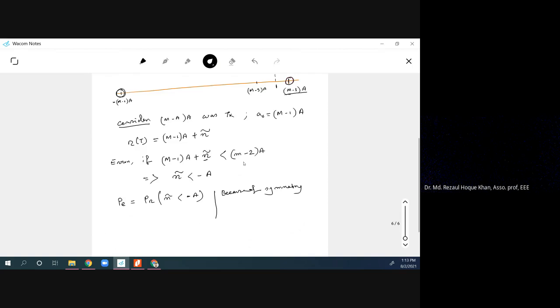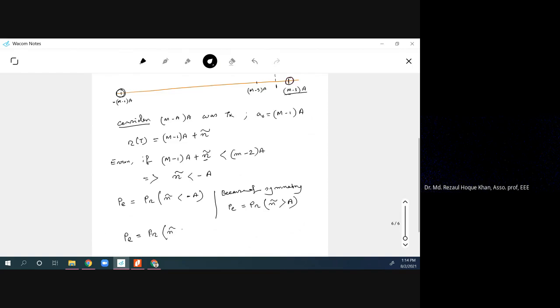The probability of error will also be the same as the probability that n tilde is greater than a. I'm not writing it, because of symmetry. We also saw the symmetry condition for our inner points. Okay.